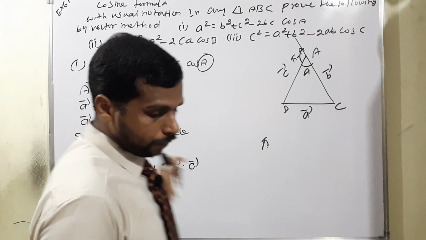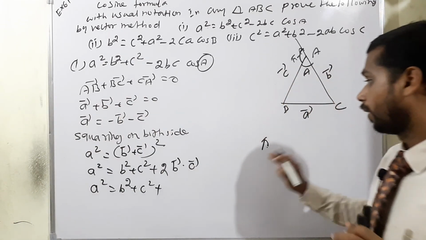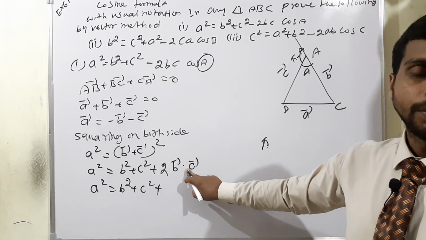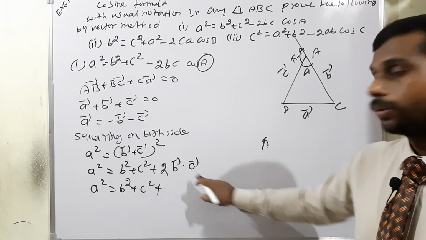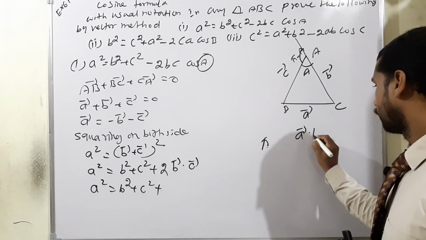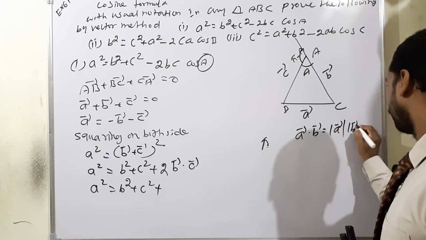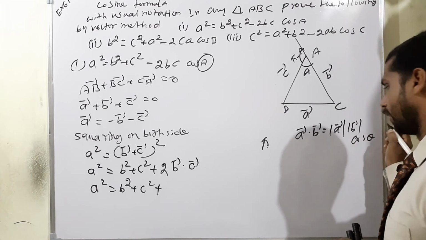Already we have derived it when we apply the basic concept of the dot product: A vector dot B vector is equal to modulus of A vector into modulus of B vector into cos theta, isn't it?